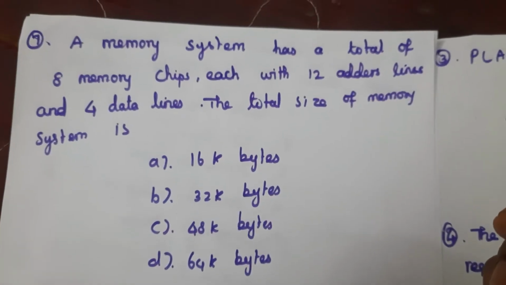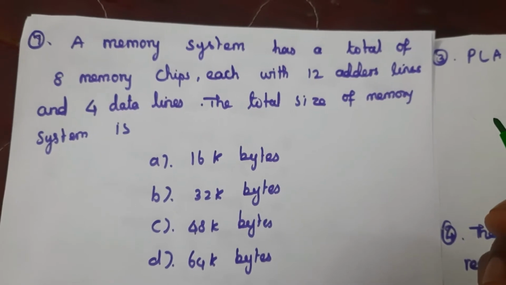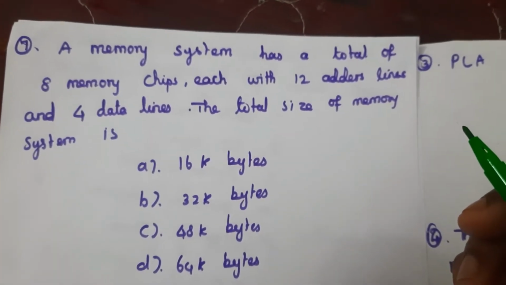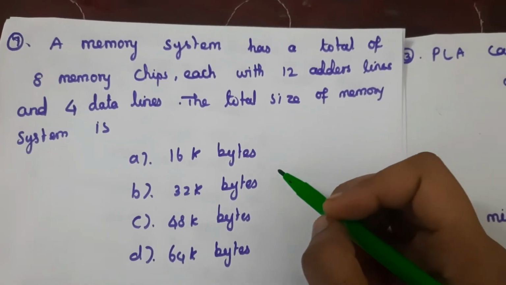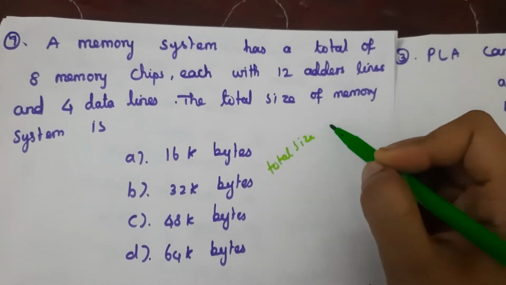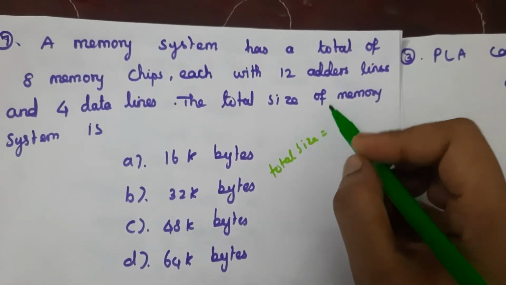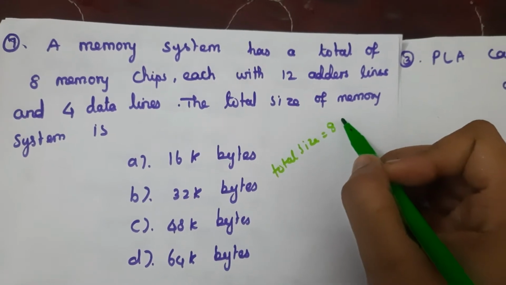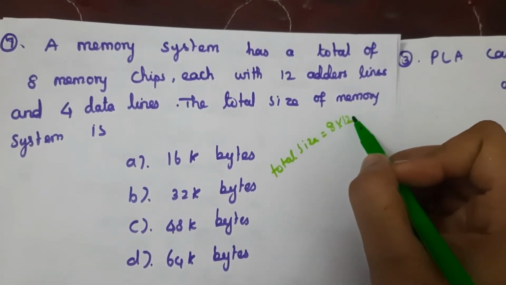Next question, a memory system has a total of 8 memory chips, each with 12 address lines and 4 data lines. The total size of the memory system is? So the formula for finding the total size is the number of memory chips, here 8, and address lines, that is 12.